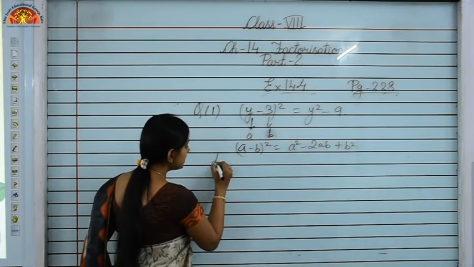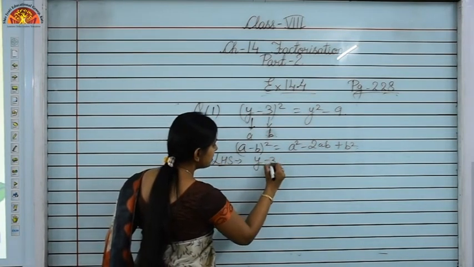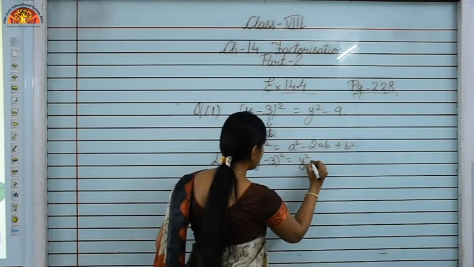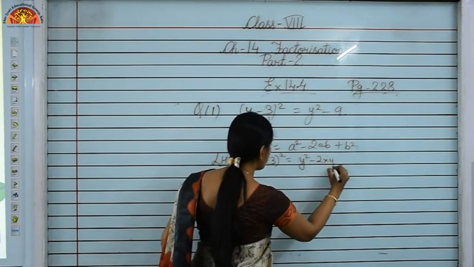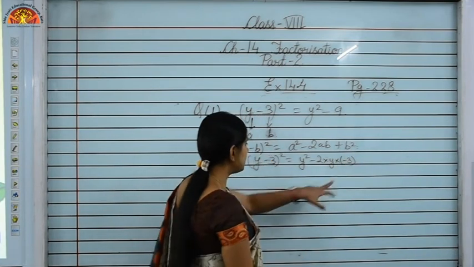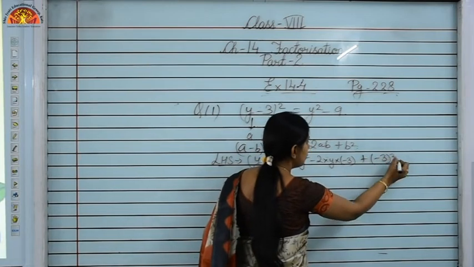So when we expand this left hand side, that is (y minus 3) whole square, it will become y square minus 2 into y into minus 3, because the value of b is minus 3, plus (minus 3) whole square.